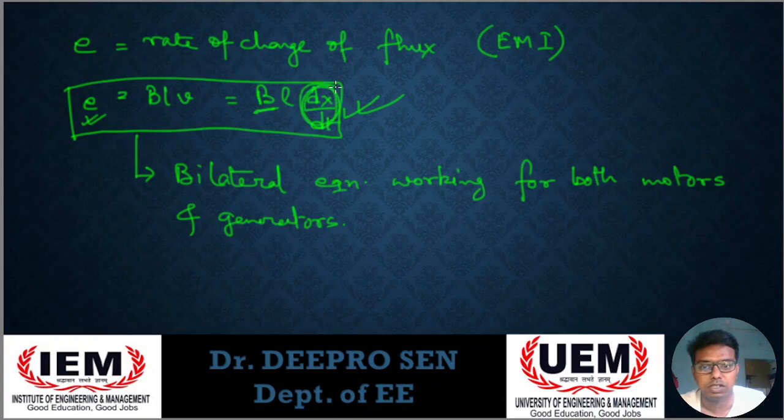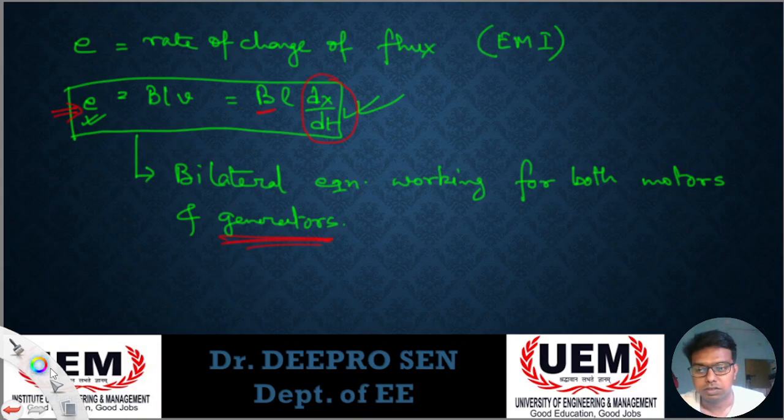Because if you give this velocity to the conductor from some external means in the presence of this magnetic field, then an EMF will be produced. So that is the working of a generator.